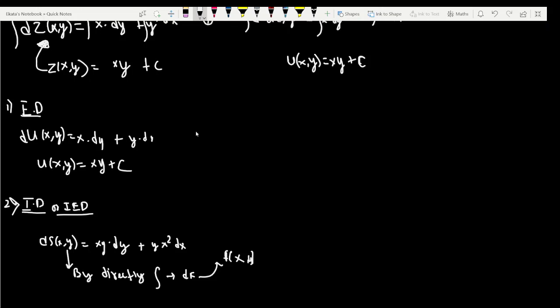So suppose a particular differential df is equal to a dx plus b dy, where a is some function of x and y, and b is also a function of x and y both.